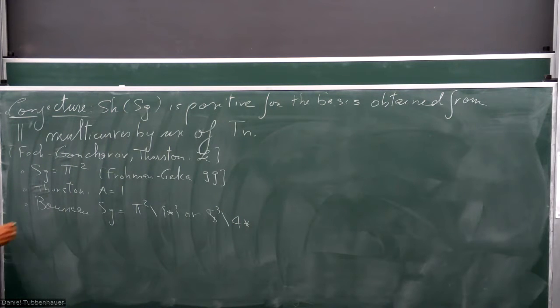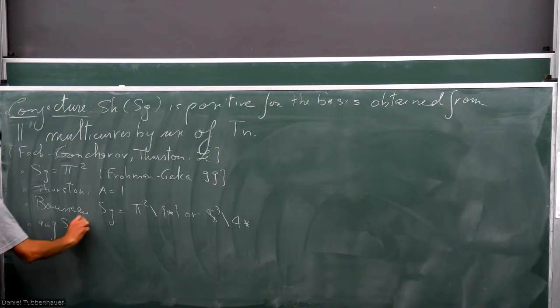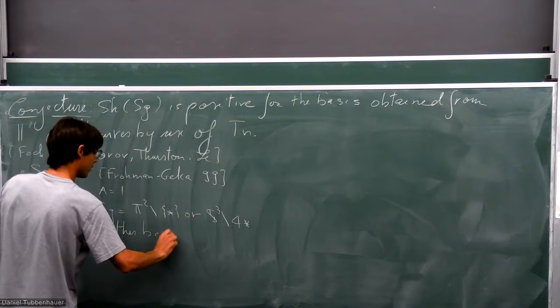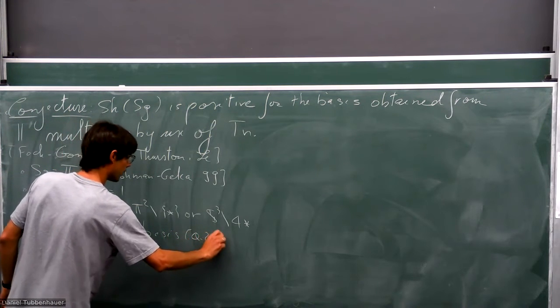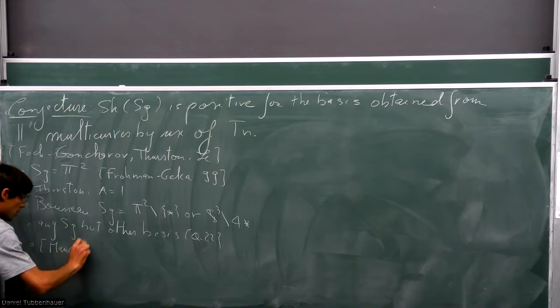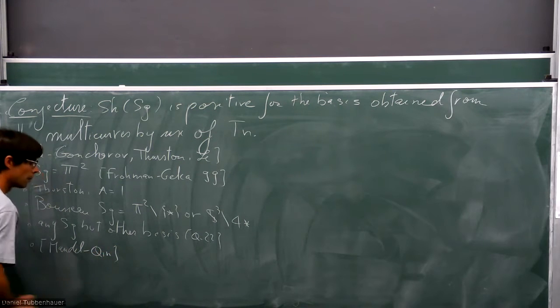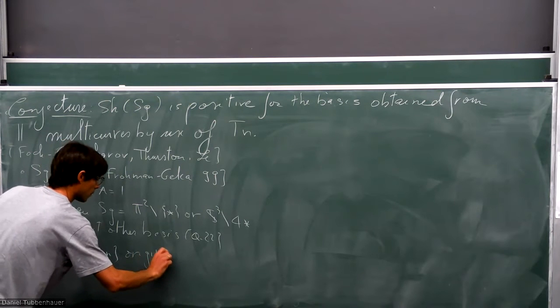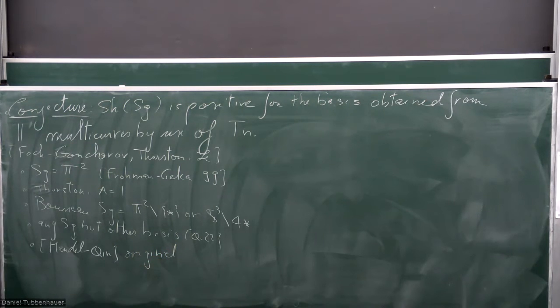And so I did any SD, but another basis. And finally, I think a couple of weeks ago, actually a little more than that now, Mandel and Qin proved the full original conjecture. So now it should be solid.